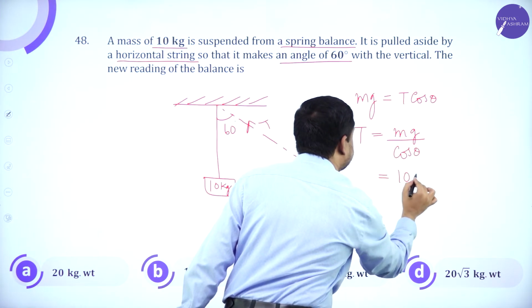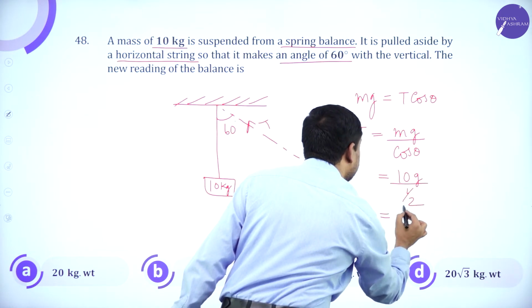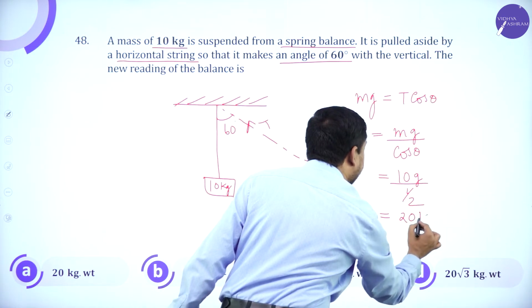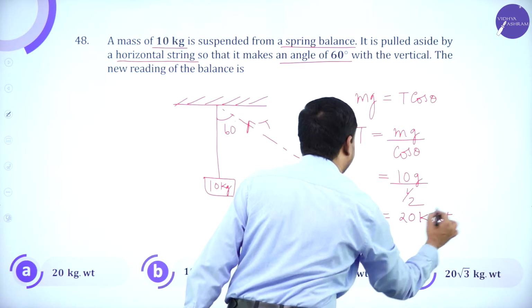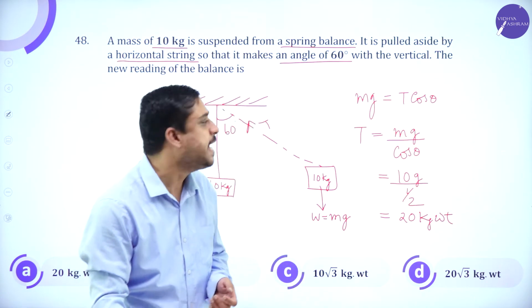M is 10 g, cos 60 is half, so this is 20 kg weight. So the new reading is 20 kg weight.